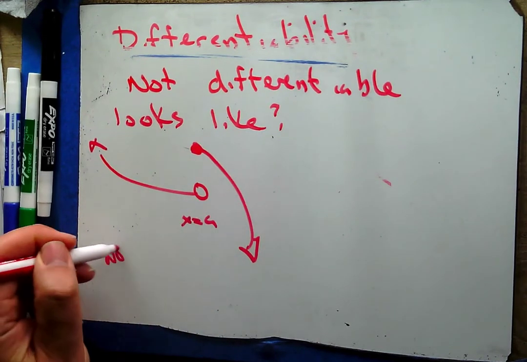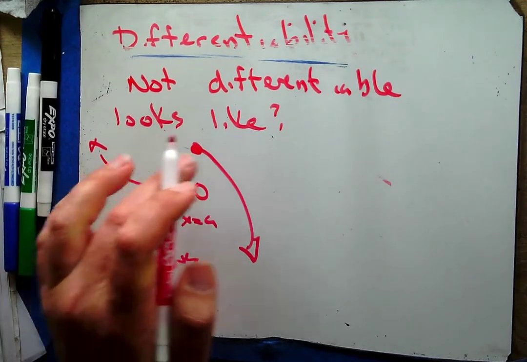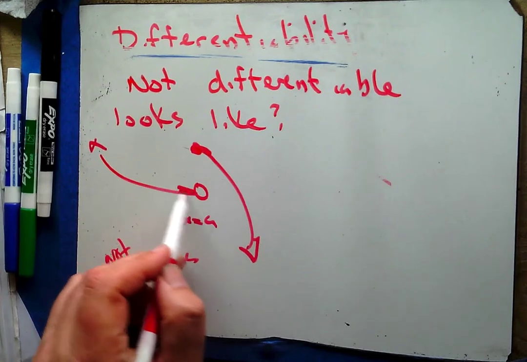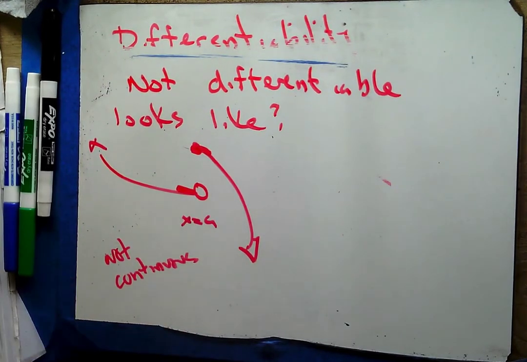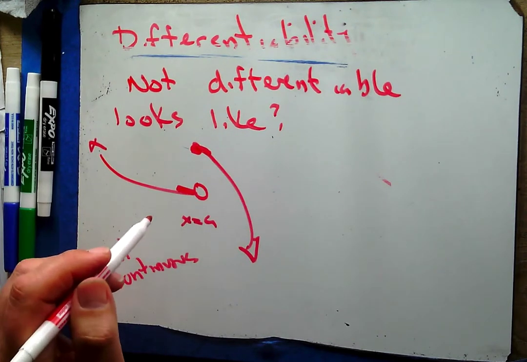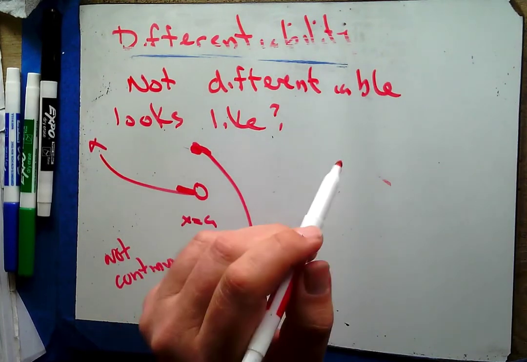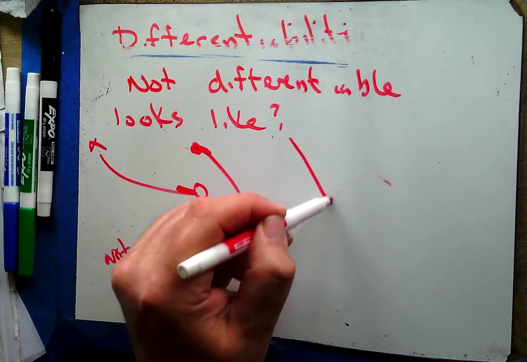So, not continuous. It could well be that the slope on this side and the slope on this side are the same slopes. So the limit of the slopes might exist, but the function is not continuous, and therefore no derivative is possible there.